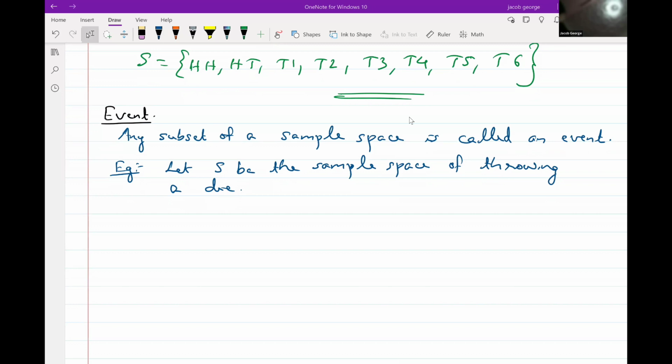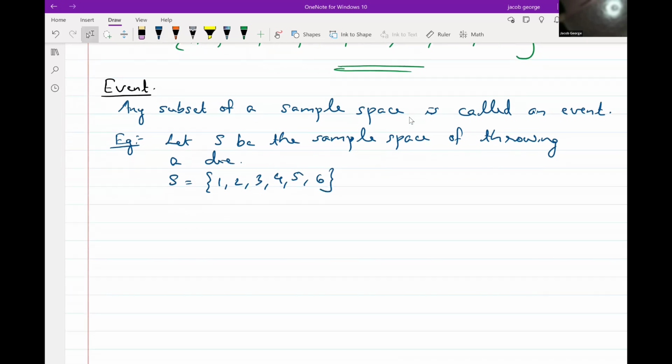Now S is equal to set of all 1, 2, 3, 4, 5, 6.